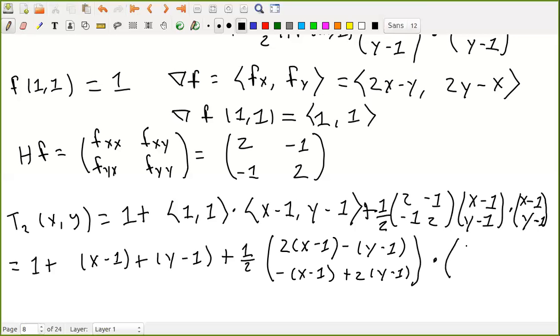And then we dot this with (x minus 1, y minus 1).